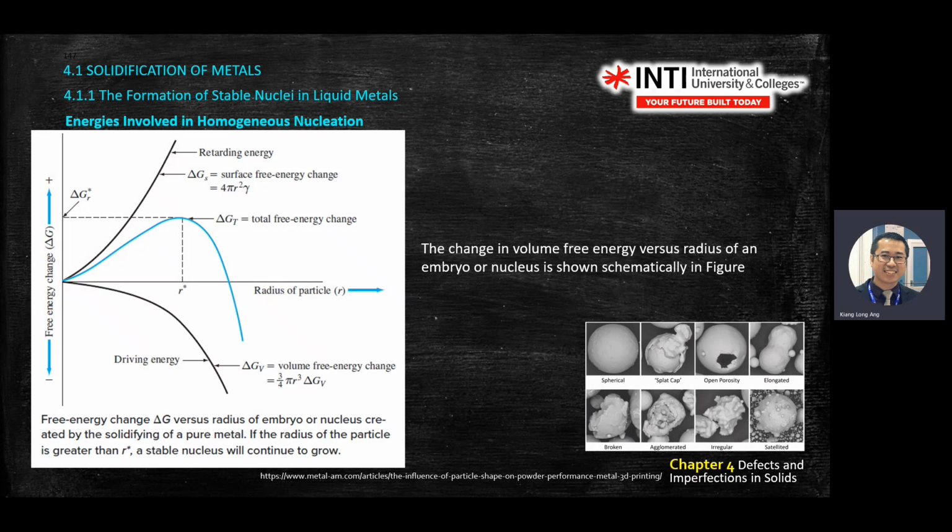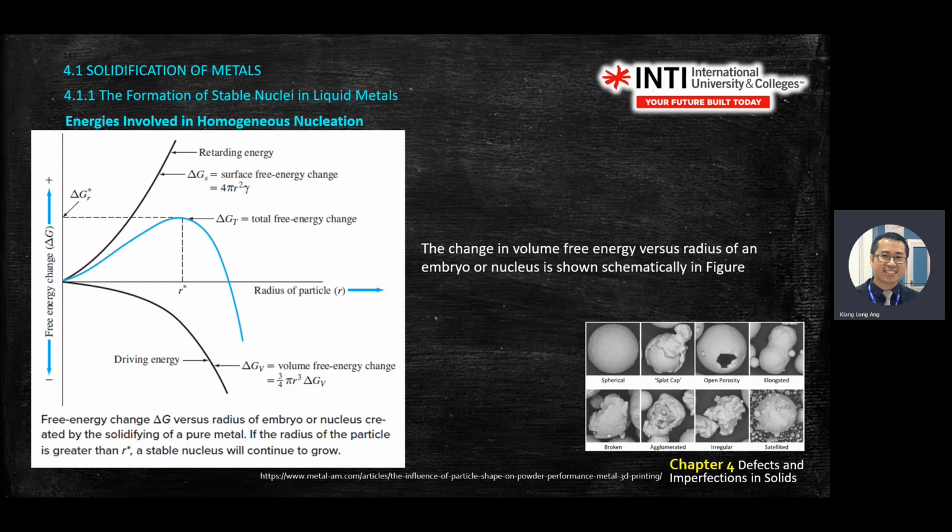Then there's a graph that tells you about the energy. So how to read this graph? On the left-hand side, the axis is the energy axis. There is a zero center, going up is positive, going down is negative. The x-axis is the radius of the particles.